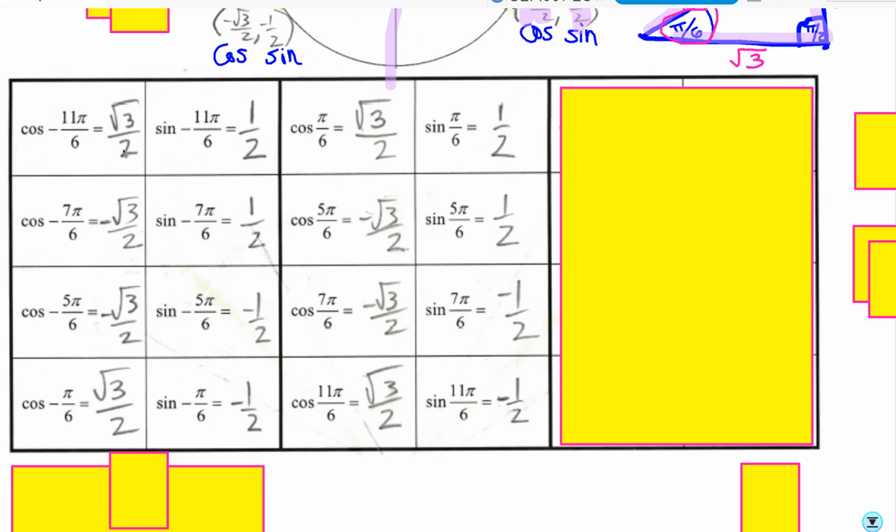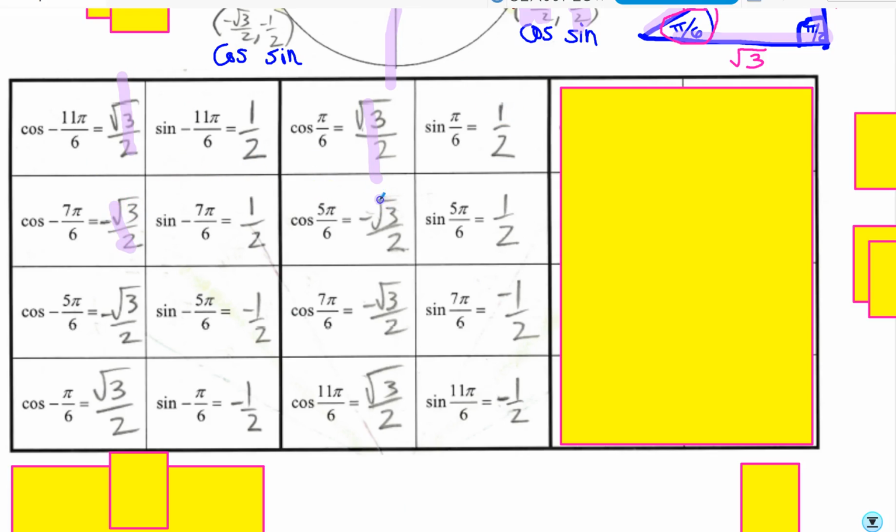If I've got a reference angle of pi over 6, that's the same thing as negative 11 pi over 6. Therefore, cosine is x. It's going to have the same x value as cosine pi over 6. And the same thing is going to happen here.